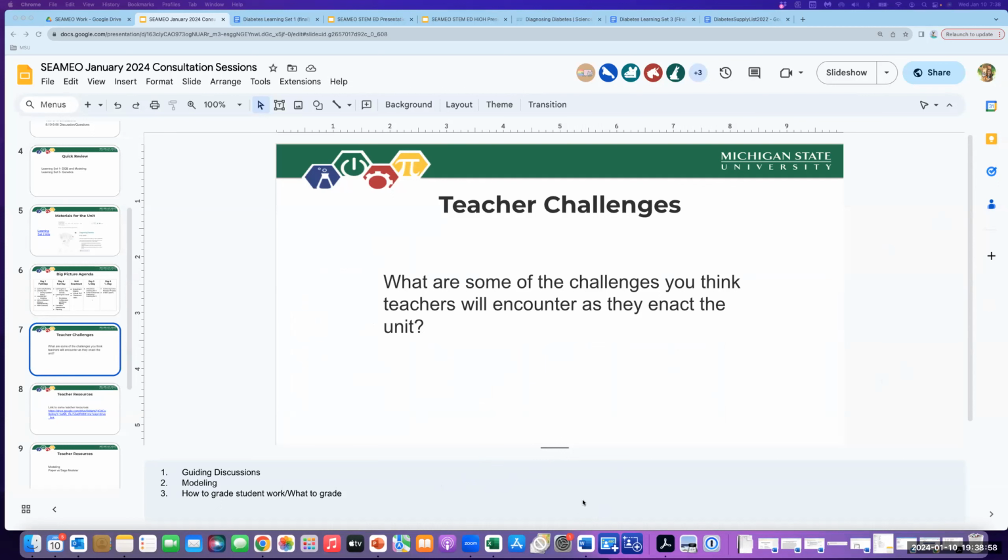Some of the things that we've discussed with our teachers as challenges are how we guide the discussions in the classroom. Specifically, it starts out at the beginning, when students and teachers are doing the driving question board.